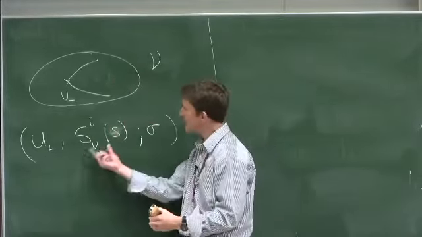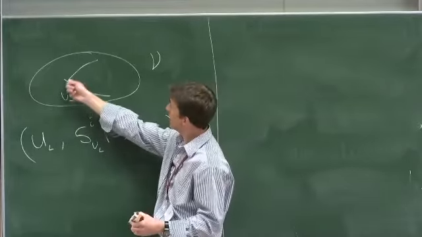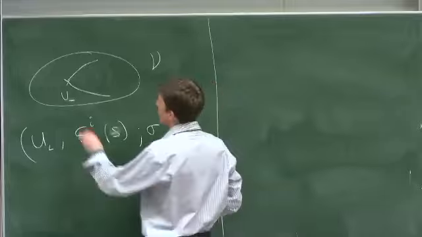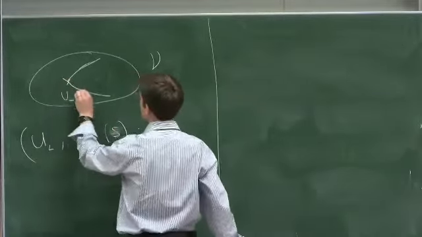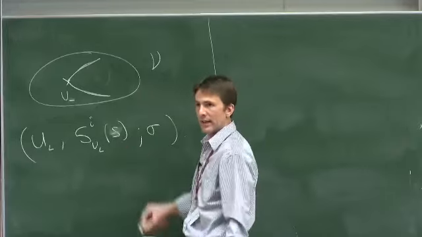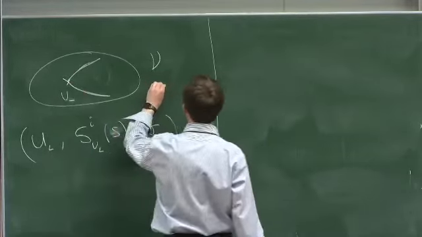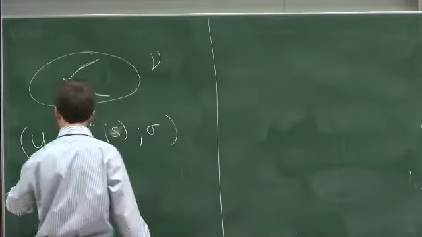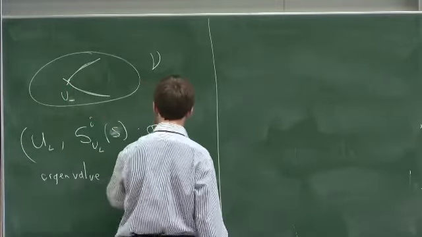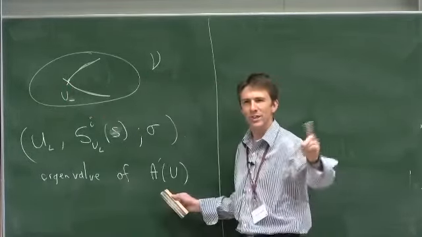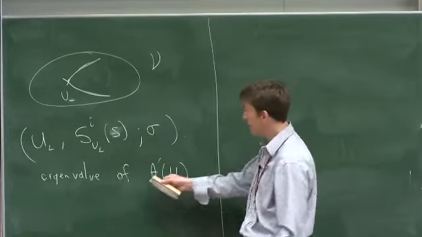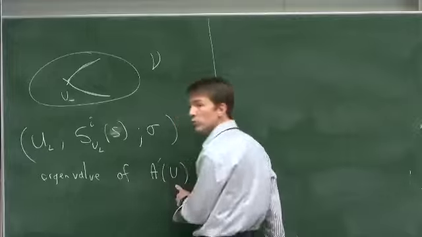It's a family indexed by S, such that U minus on these things gives a shock with a certain velocity. Classically, in this situation, you have two families like that. I can index them, and they can be parameterized by the eigenvalue of A prime of U. When I have a convex entropy, I know that this is diagonalizable everywhere, and you can parameterize them, and the one shock corresponds to the smaller one.